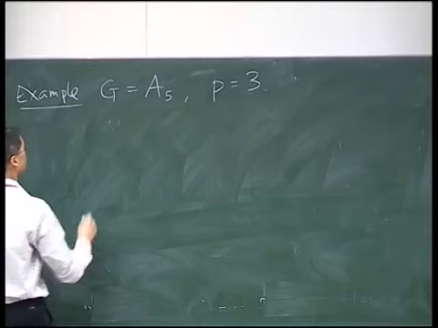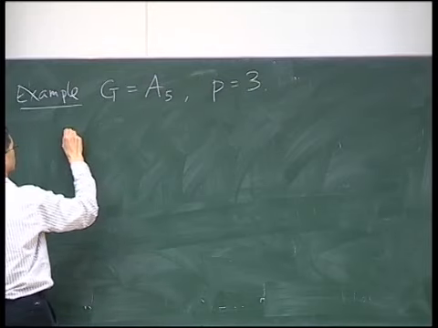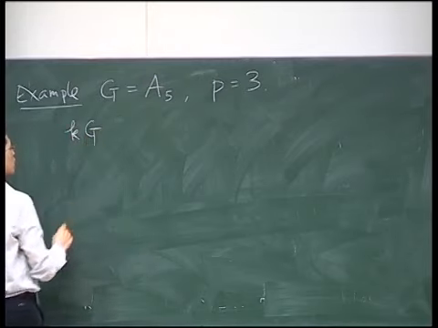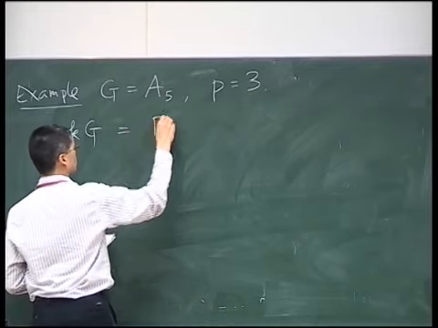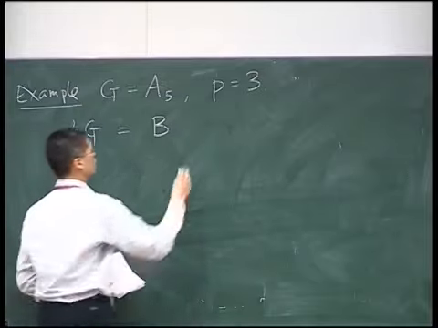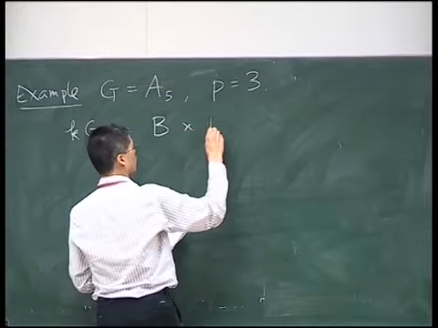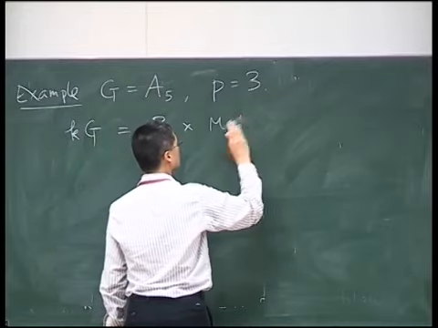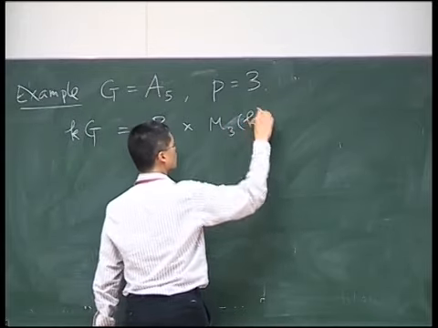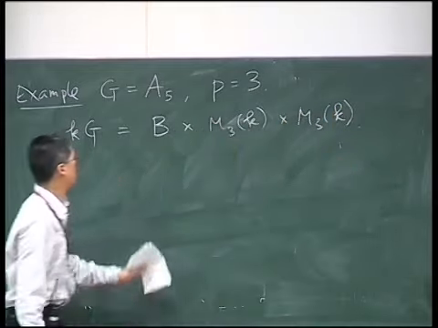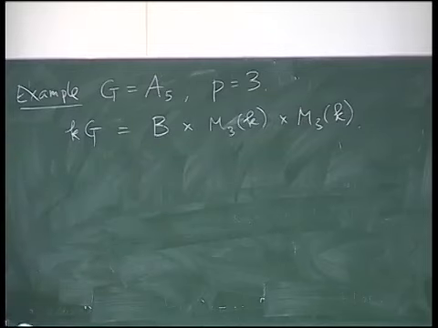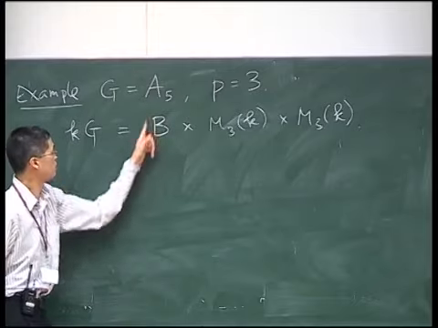Then there are 3 blocks, only one of which is not a matrix algebra. We have 2 matrix algebras of degree 3, and just this one here, which is not semi-simple.